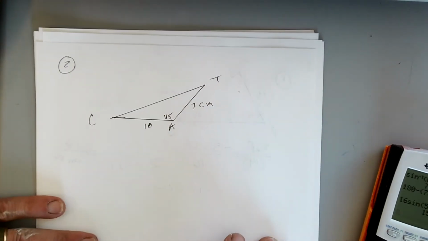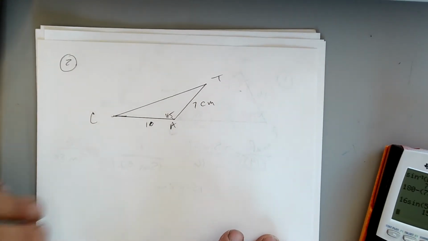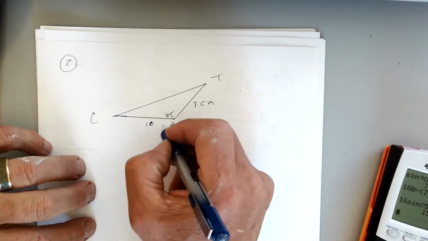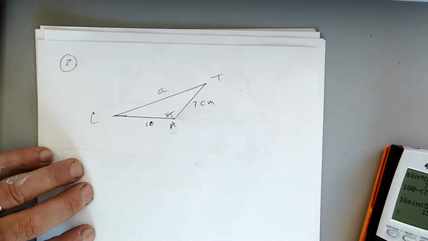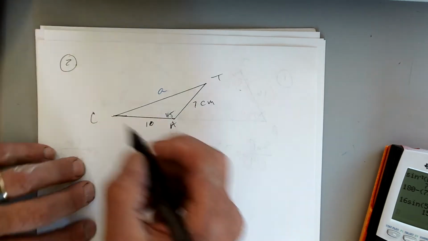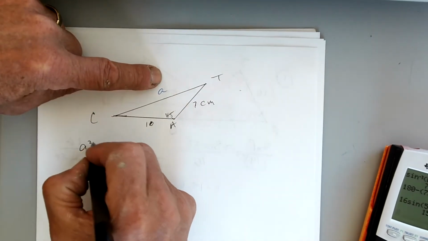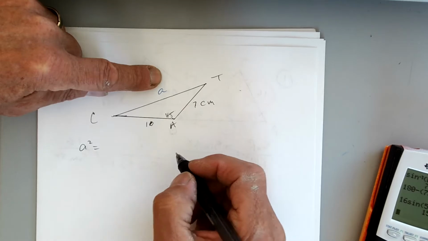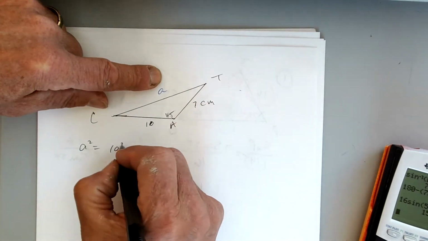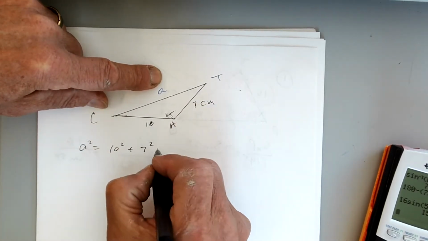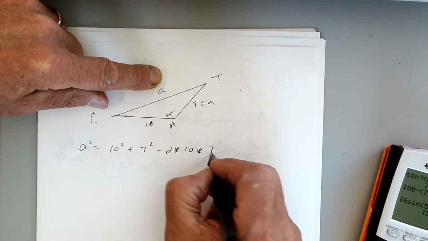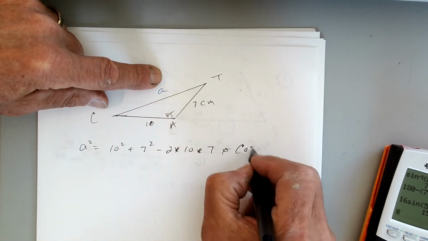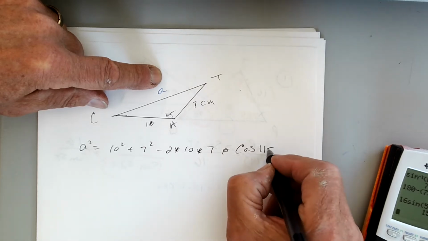Again, I'm going fast because I have got to get this done. So I have side, angle, side, right? I got side, angle, side, so I can find the opposite side, little a, by the law of cosines. So opposite squared. Look up your notes if you don't know what I'm doing. Opposite squared is equal to adjacent squared plus adjacent squared minus 2 times my other adjacent, which is 10, times my other adjacent, which is 7, times the cosine of 115 degrees.